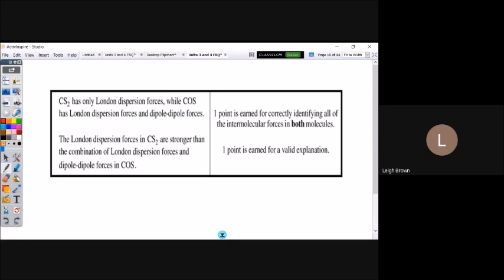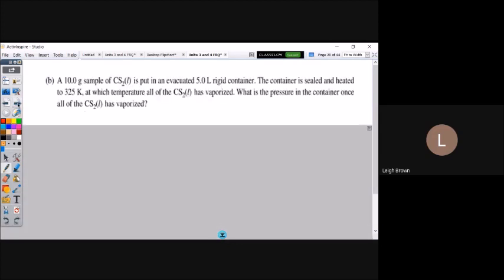Now, because they told you the boiling point was higher, you notice they didn't mention that in their answer. If they just gave us the numbers, you need to be referring to those in your answer. But since they told us that, they didn't ask us which one has stronger LDFs or which one has stronger IMFs. So specifically answer their question, and that will usually get you to where you need to be.